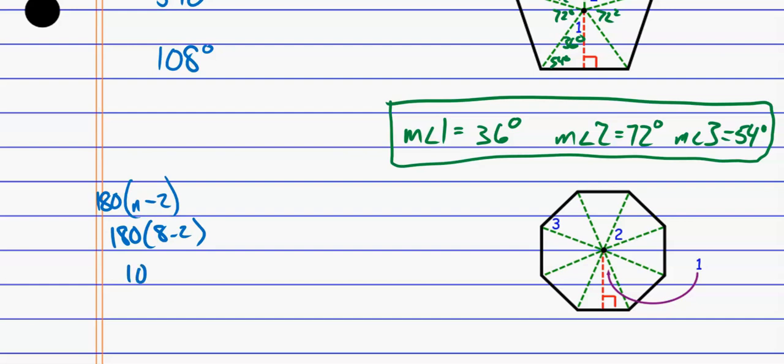And that gives me 1,080. Again, that's all of the angles added together. If I want each angle, I have to divide that by 8. And so that gives me 135 degrees for each of those individual angles. So this whole angle is 135 degrees. This whole angle is 135. This one, 135. Okay, each of those is 135, which now allows me to find angle 3.